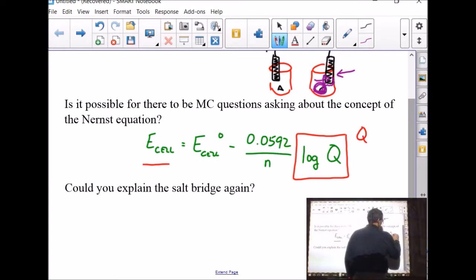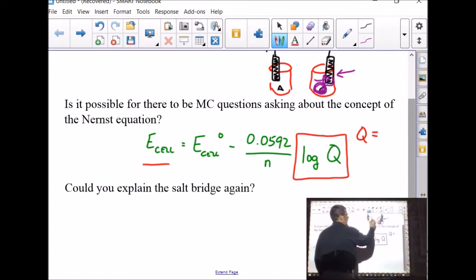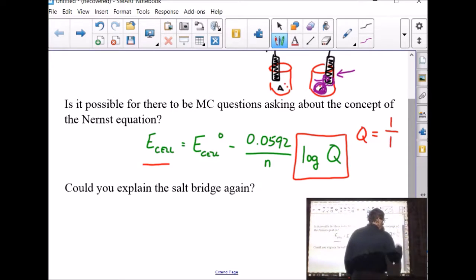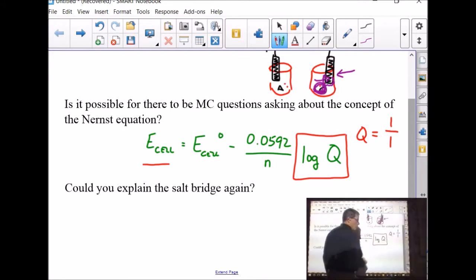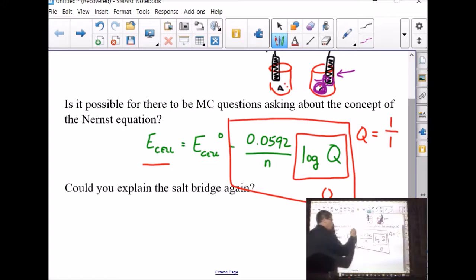So let's say that we have, starting off in each of these chambers, we start off with 1 molar solution. So Q is equal to 1 over 1. What does 1 over 1 equal? 1. The log of 1 equals what? 0. So if you do 0 times this whole back end, that gives us 0. So under standard conditions, the adjusted voltage is equal to our standard.